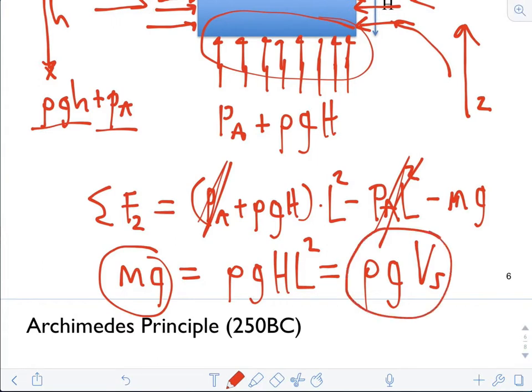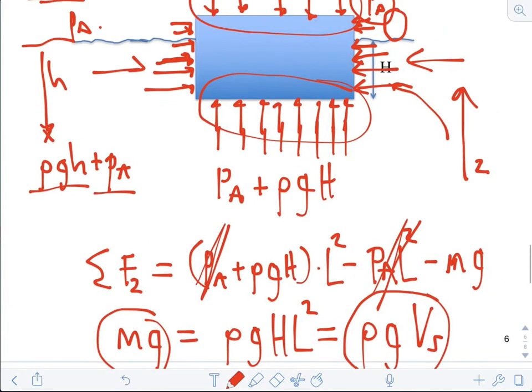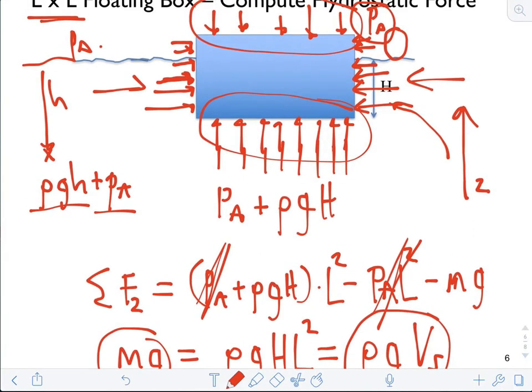And this is in fact Archimedes' principle, that the weight of the buoyant item, the weight of the floating item, is equal to the weight of the water displaced by that buoyant item. This box was pushed into the water column, and it pushed a certain amount of water out of the way. That volume of water is equal to L squared times h, the submerged distance.